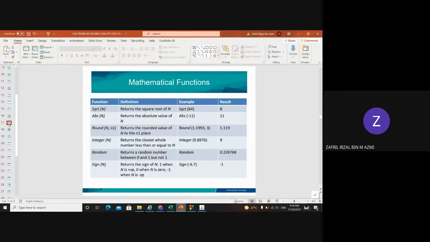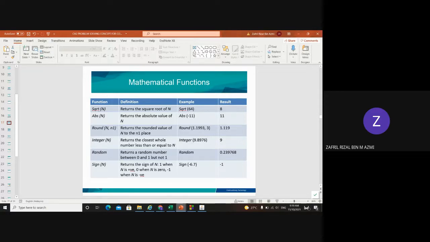Example of mathematical functions. Again, this is not specific to any programming language, this is just in general. In general, if you want to do a square root, we call the function sqrt. For example, if you want to use square root, you don't have to write an entire program for calculating square root.